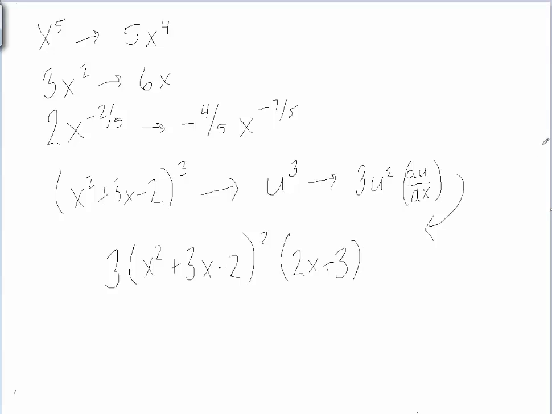So we're finding two derivatives. First we find the derivative of u to the third, the derivative is 3 times u squared. Then we take the derivative of u.